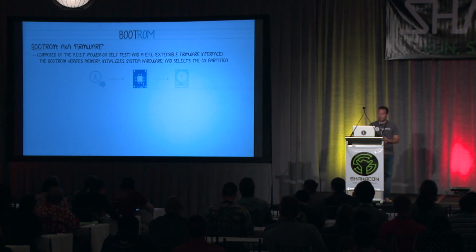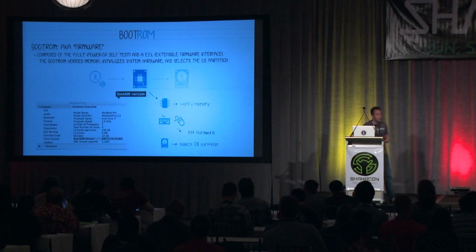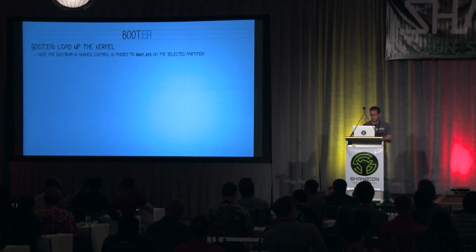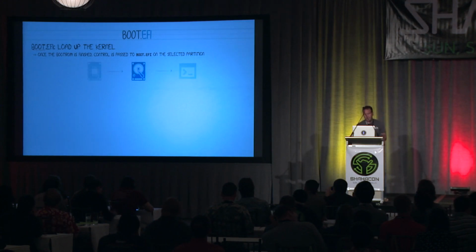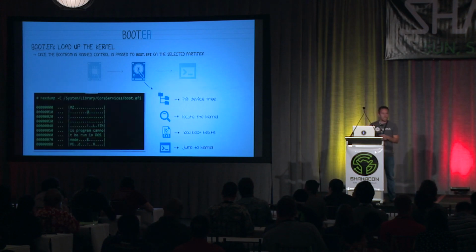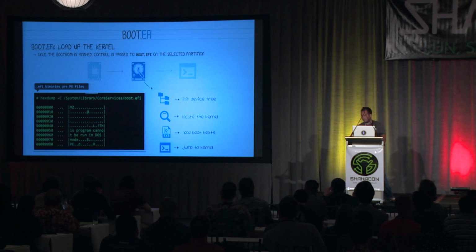The boot ROM, or firmware, is the first code to actually execute. What it does is it verifies memory, begins hardware initializations, and then selects the operating system partition. Once the boot ROM is done, the boot.efi program is executed. The boot.efi program has some tasks as well, such as initializing the device tree, locating and loading any kernel boot drivers.